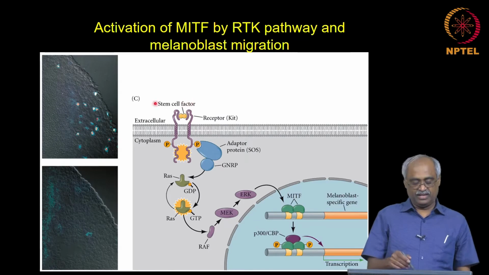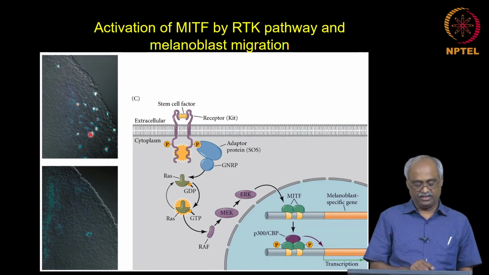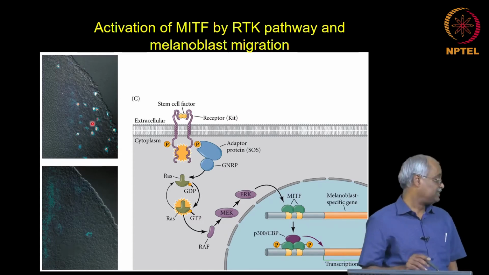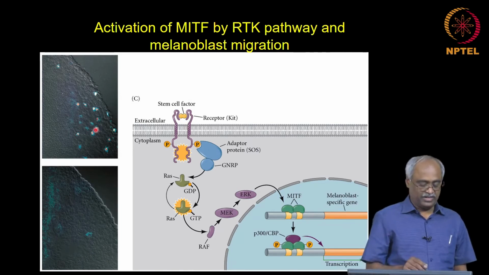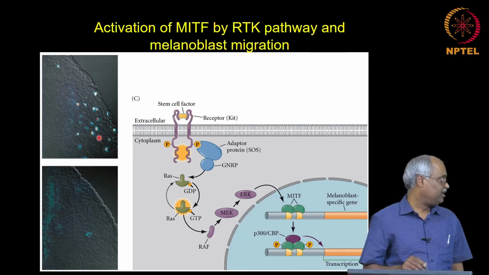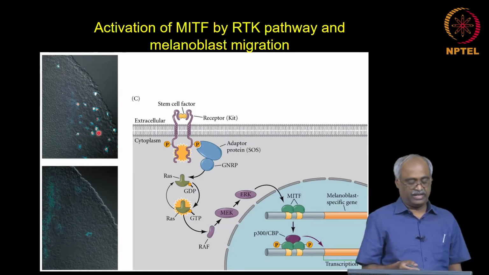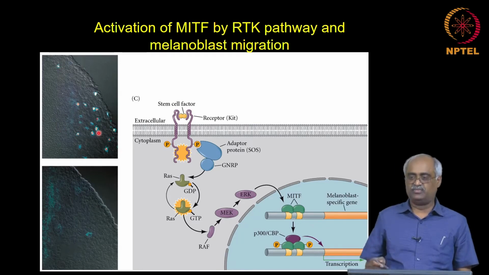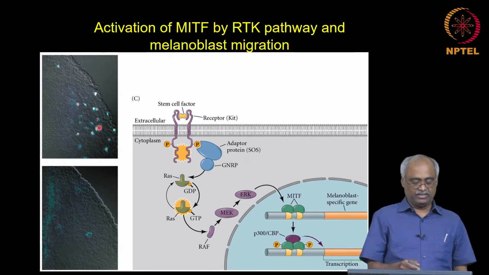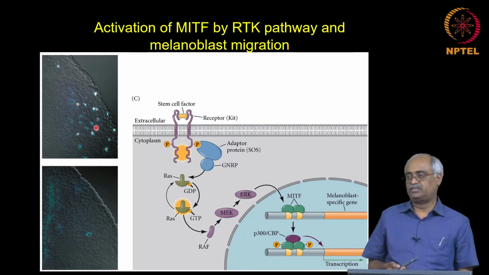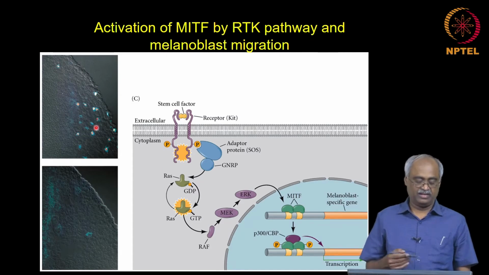So, here you see the signal. You find the red and green, though the color has not come out really as red and green. What you are seeing here is at least a white shade around the red. The red is one protein and the green is the other one, that is MITF and KIT, and when they both are there then they look whitish, supposed to be red and green, and the overlap should be yellow.